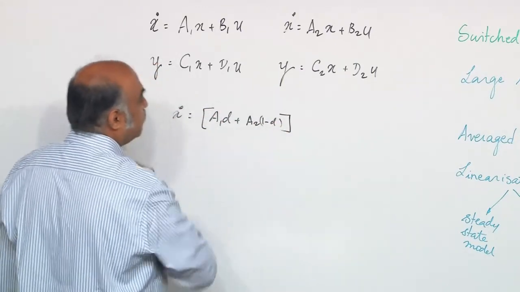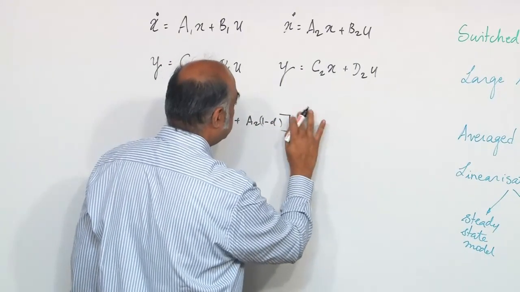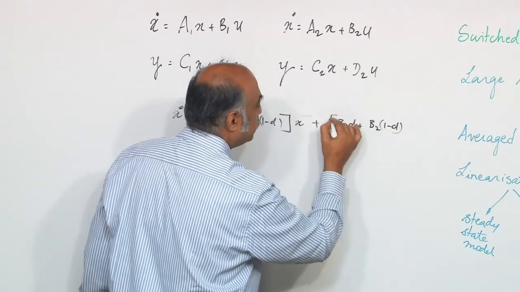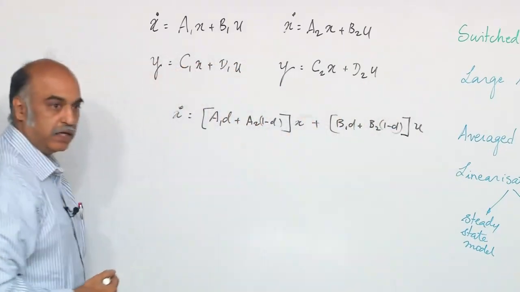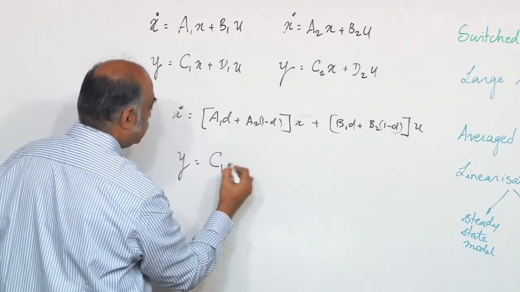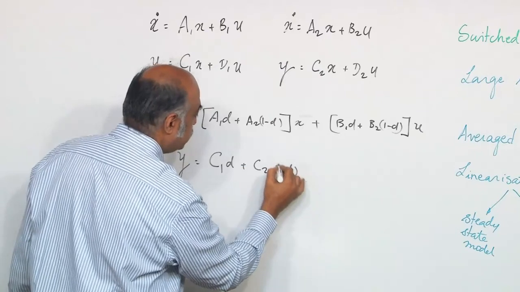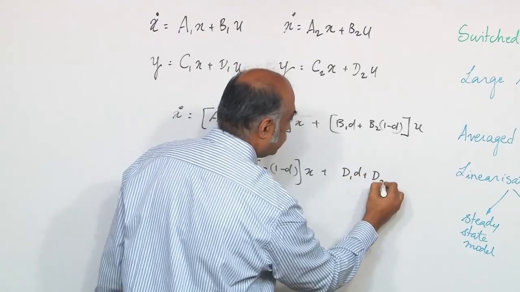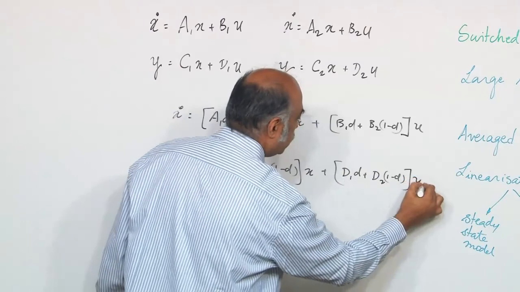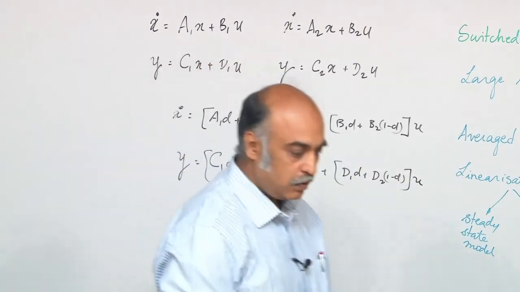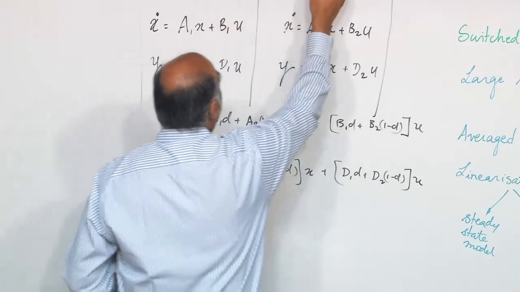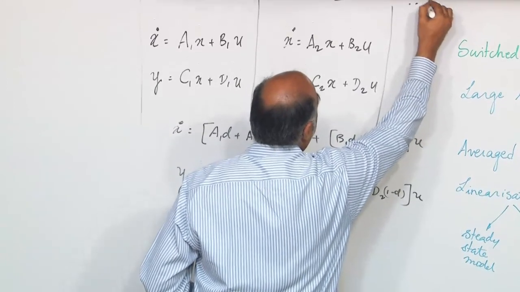This is the average large signal approximation, plus B1d plus B2 times 1 minus d, the average large signal approximation of the state equation, and likewise C1d plus C2 times 1 minus d for the output. So each interval has its own state equation and output equation.